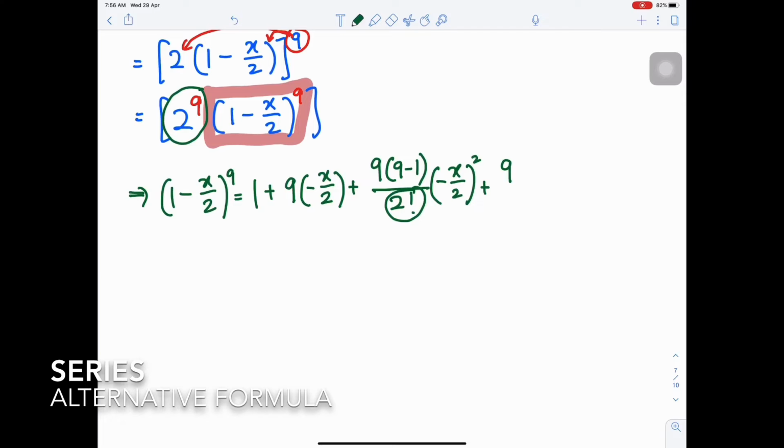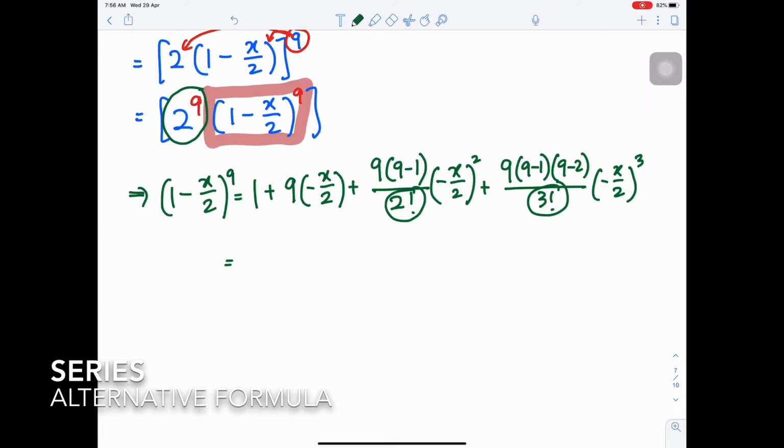And the last term, plus 9 times 9 minus 1 times 9 minus 2 over 3 factorial, negative x over 2 to the power of 3, because of the 3 factorial as your reference.